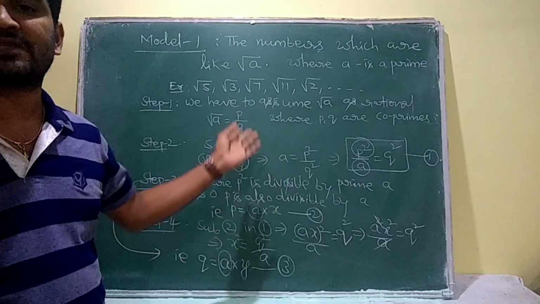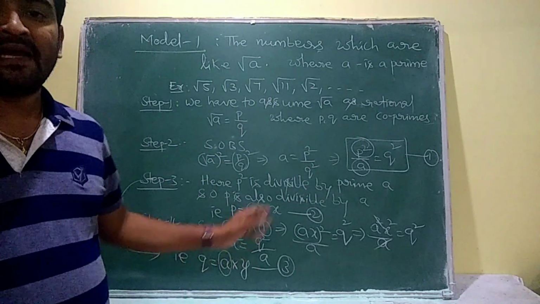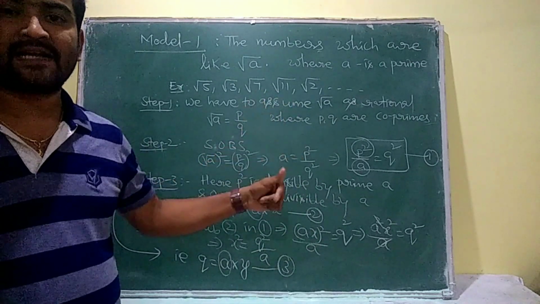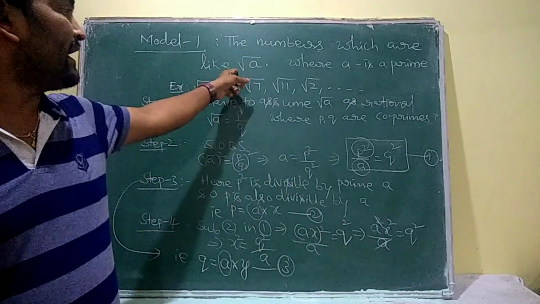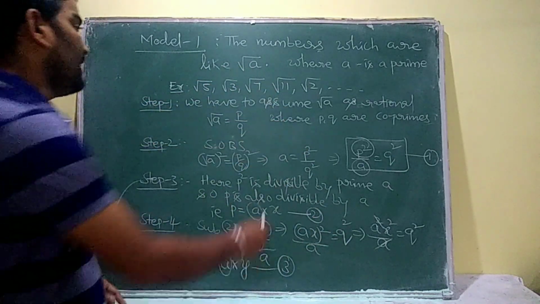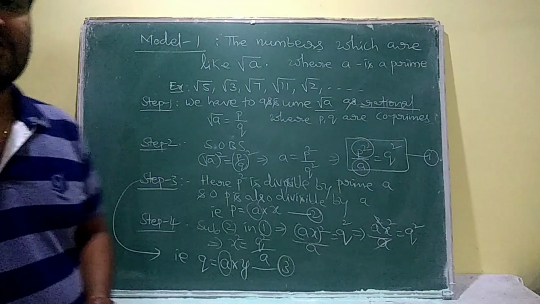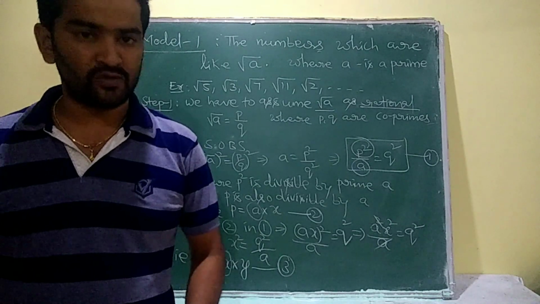We know that prime numbers are greater than 1. That indicates P, Q are having a greatest common factor other than 1. That indicates our assumption is wrong. Our assumption that root A is rational is wrong. So root A is irrational. Finally we are going to conclude that.